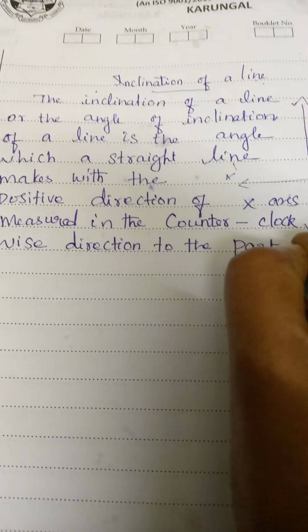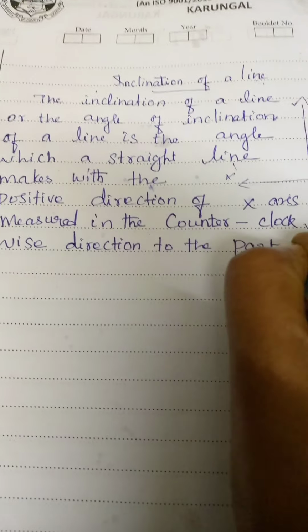So we have the formula: slope of the straight line m is equal to tan theta. What is the slope formula? If there is an angle of inclination, slope m is equal to tan theta. It is an important formula.